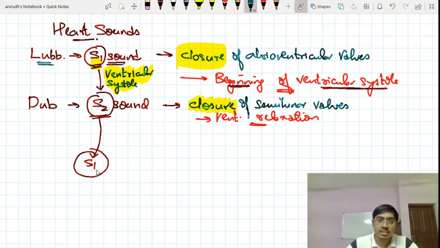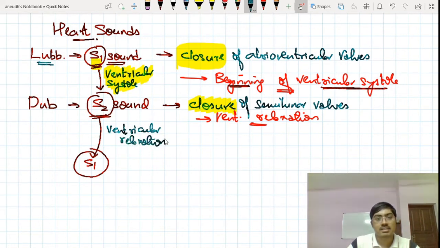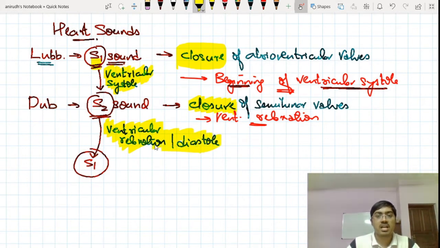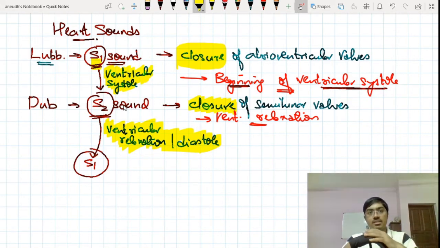During this phase, the ventricle keeps on relaxing. So here I can write ventricular relaxation, or I can write it as diastole. Between S1 to S2 ventricular systole is occurring. Between S2 to S1, that means after S2 till the next S1, the ventricular relaxation is happening, right? So these are the features of the heart sound.